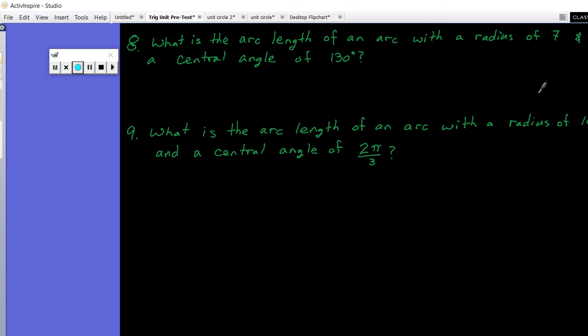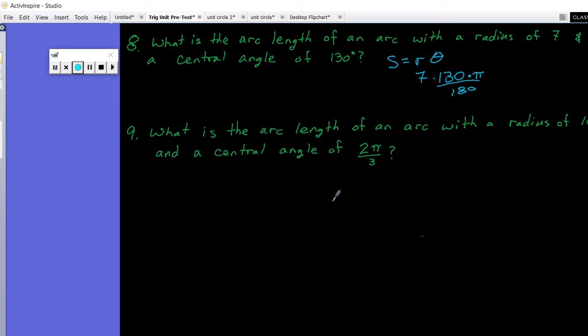Number 8, what is the arc length of an arc with a radius of 7 and a central angle of 130 degrees? Remember, the formula is S equals R theta. That's the arc length, that's the S. R is the radius, so R is 7. The angle is 130, but it has to be in radians for this formula. So I multiply by pi and divide by 180.